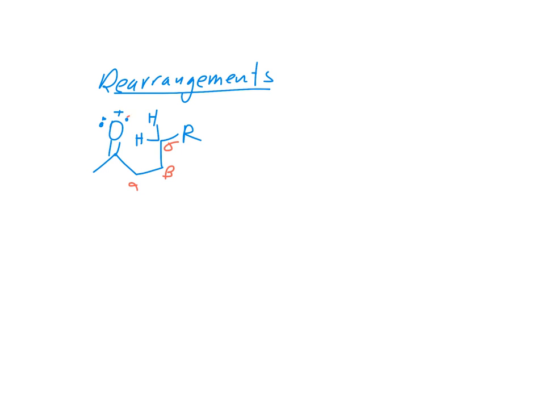So this electron combines with one of those electrons to get a hydrogen atom migration, and that electron goes onto the gamma position. We still have the plus on the oxygen, but we have a radical now at the gamma position.